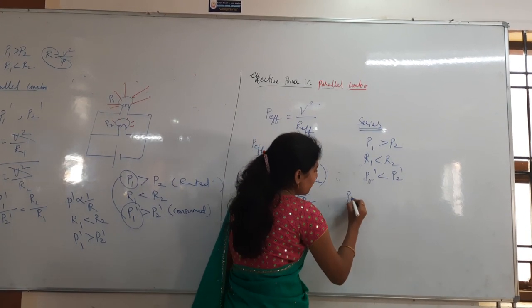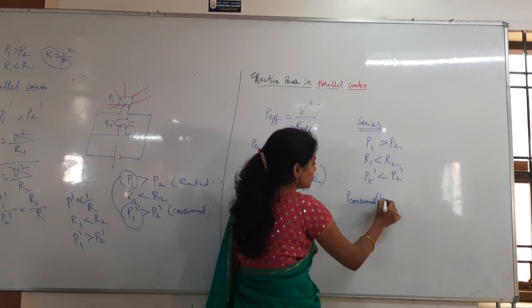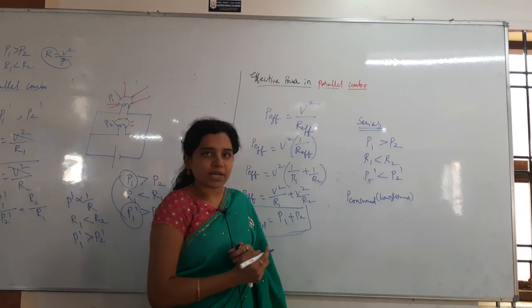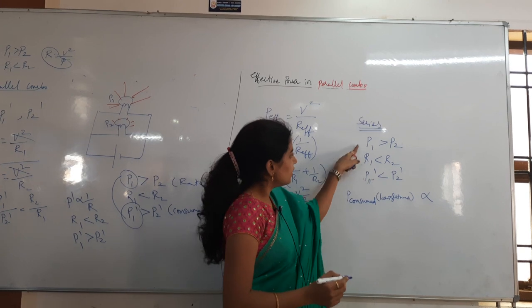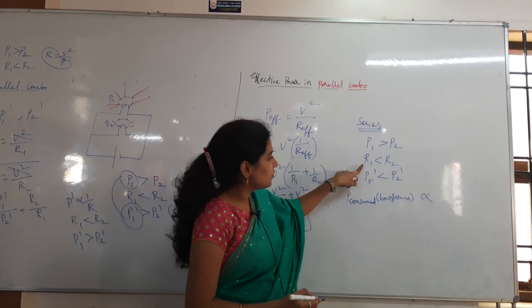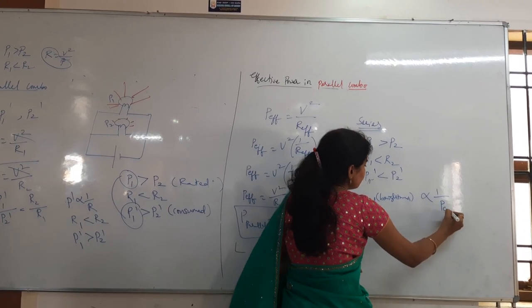Now the power consumed, or brightness, is inversely proportional to the power rated.